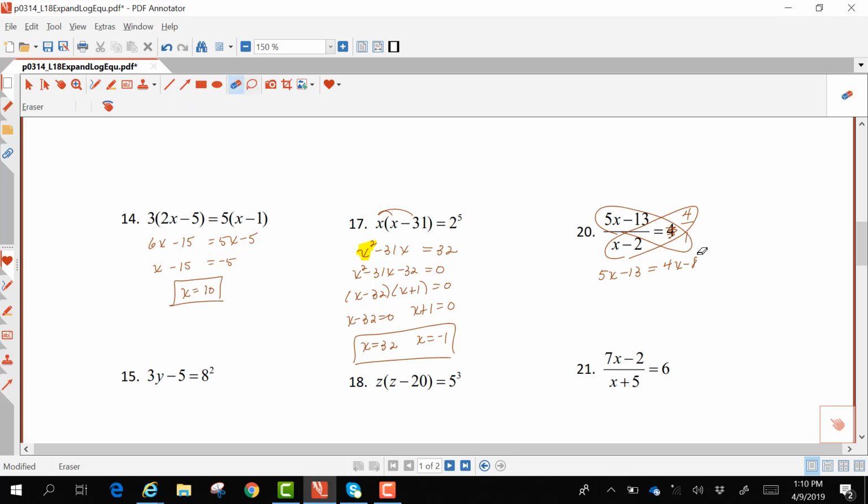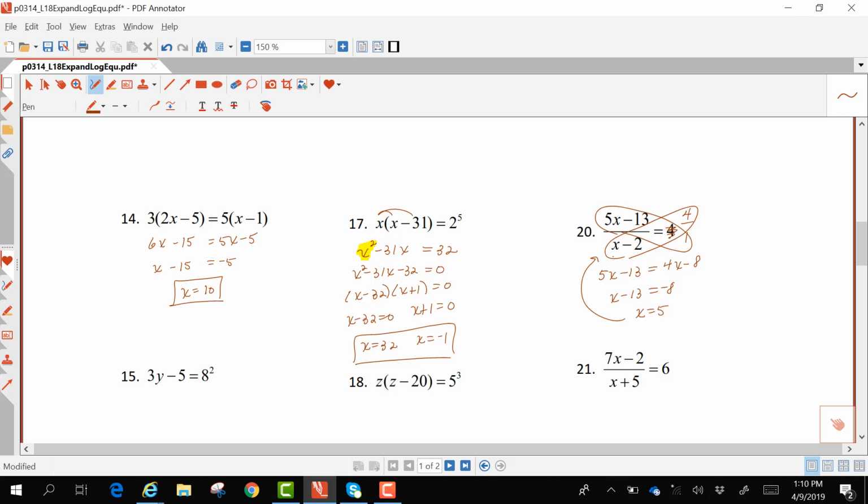Now to solve, I would go ahead and move the x to the left side by subtracting the 4x, leaving an x minus 13 equaling a negative 8. And then I would add 13 to each side. Now once I get the result, before I put it in a box confirming it is my answer, I want to make sure that if I plug this 5 into the denominator of the original fraction, I do not result in a 0 as a denominator because that would make the fraction undefined.